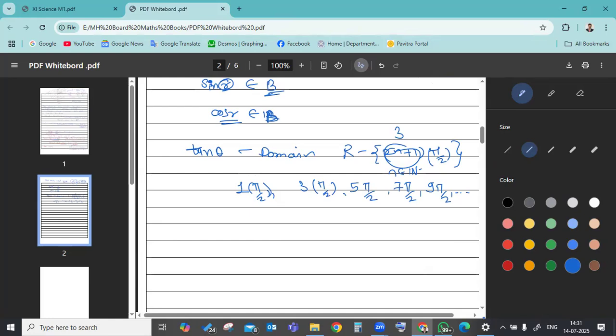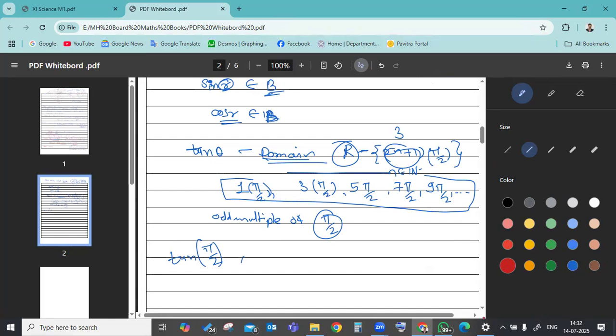That is, odd multiples of pi by 2. These numbers are excluded. Excluded means subtracted from the set of real numbers, and whatever is left is taken as the domain set. So tan pi by 2 is not defined.